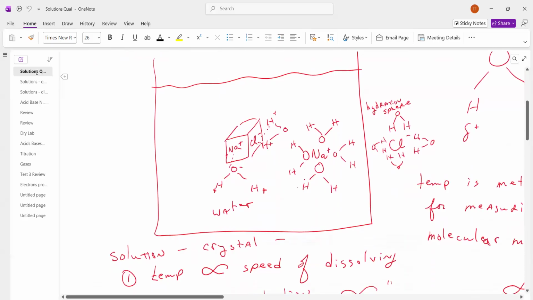Let's look at a crystal of sodium chloride and we throw it in water. What happens to the sodium chloride? What happens to the table salt? Does it stay whole? I'm not talking about adding two handfuls in a little bitty glass. I'm talking about a tablespoon of salt in a good sized glass.